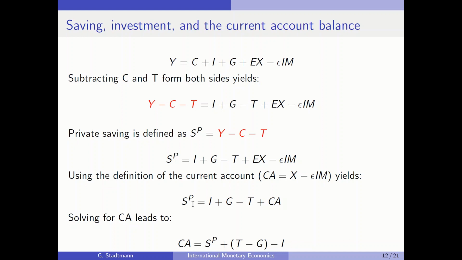G on the other hand side of the equation pops up with a negative sign, and T on the other hand side of the equation pops up with a positive sign. So when we solve this relationship for CA, we get that the current account balance is equal to private savings plus savings of the government minus investment.